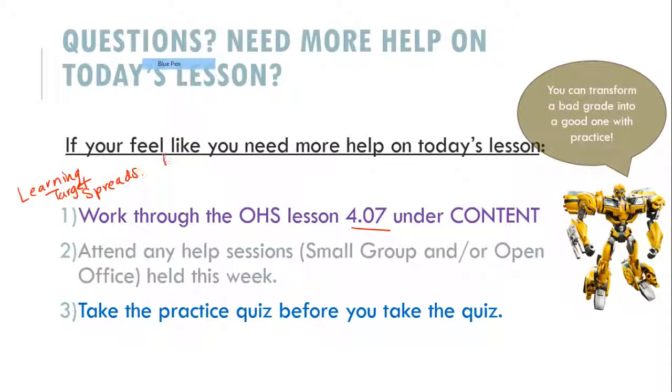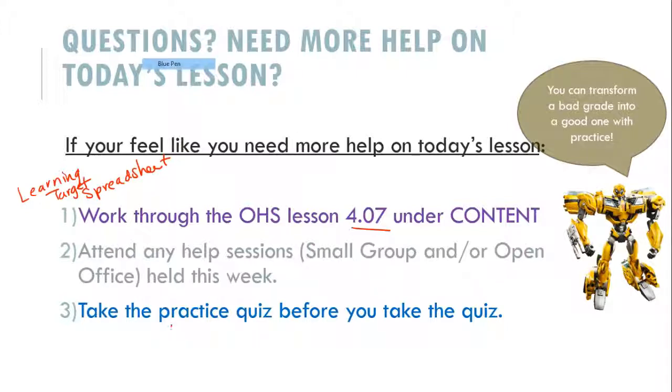And then next week we'll have small group and open office if you're still not quite sure. But remember that the 5 questions we went through today are very, very similar to the 5 questions you'll see on your quiz.